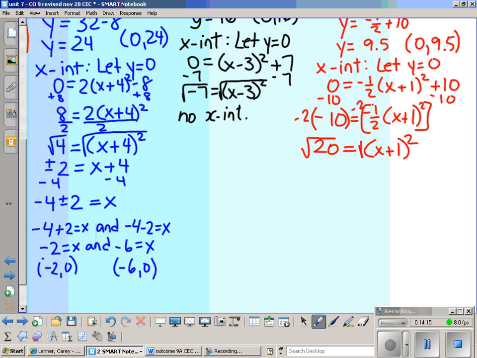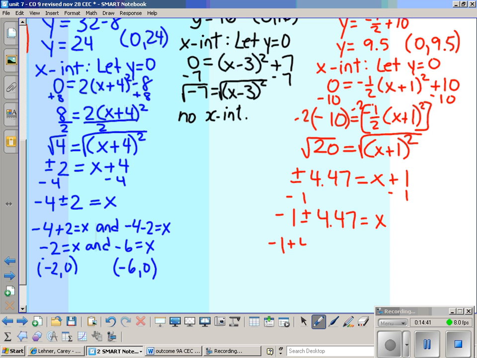I'm going to square root. Now, 20 is not a perfect square. Round it to 2 decimal places unless otherwise noted. Remember, plus and minus 4.47. Subtract the 1. So we're going to have negative 1 plus or minus 4.47.